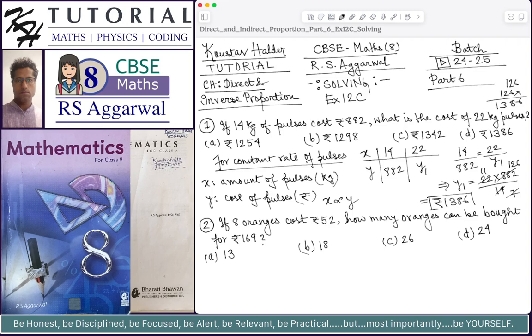So the cost of 22 kg of pulses is rupees 1386, and hence the correct choice is D. D is the correct choice. Answer is choice D.